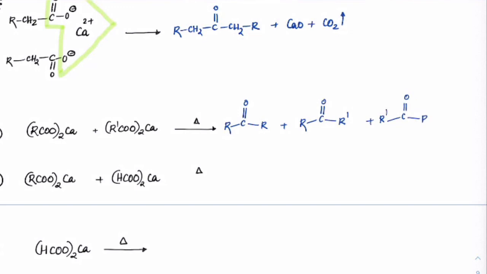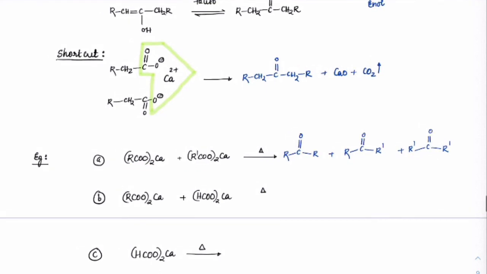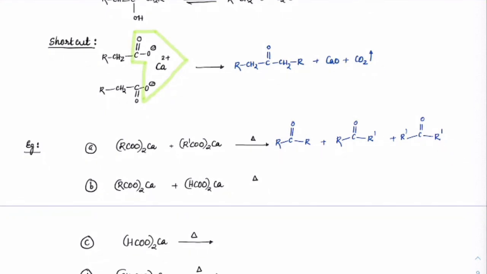So this type of question could be asked, like how many products are forming, how many keto products are forming. So if you have two different types of calcium salts, you can get these three. Okay, same way here also there are two different kinds here, right? So we can have a self keto formation here, the other one is crossed, which means we can get this as R C double bond OH.